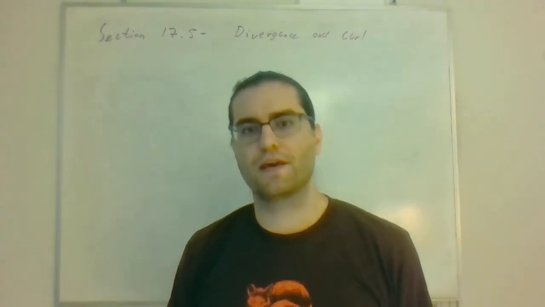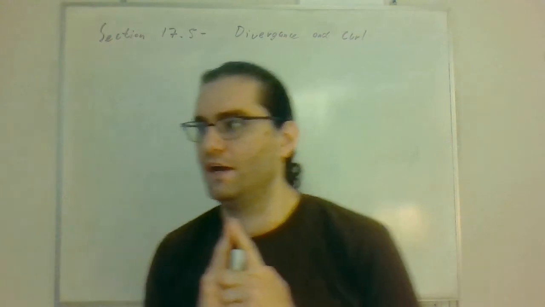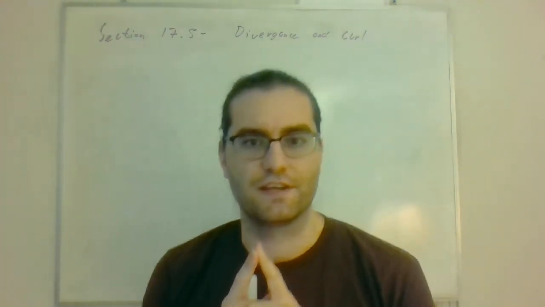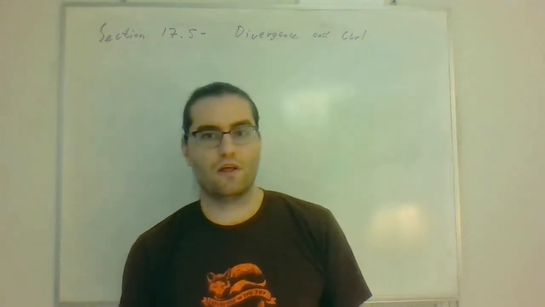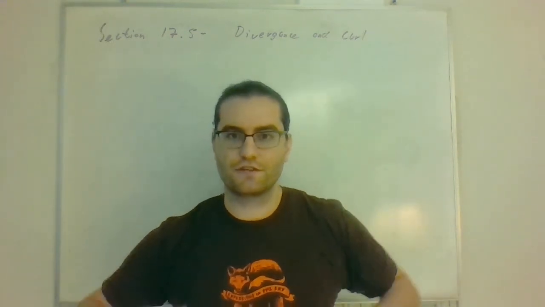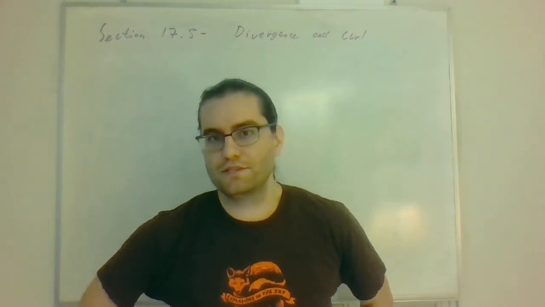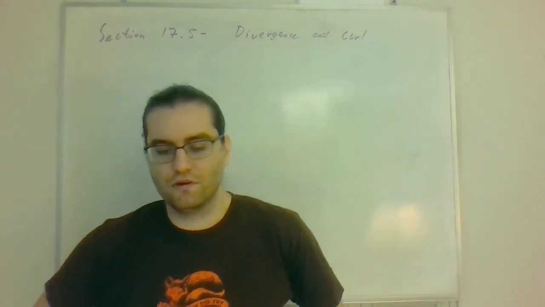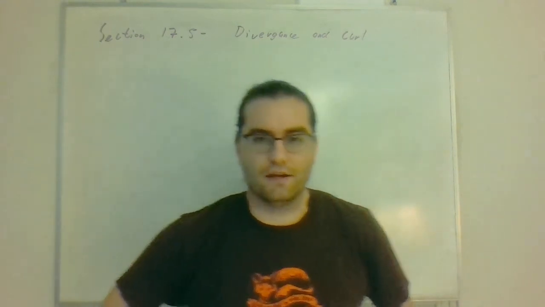I might be wrong about that. I'm not an electrician or an electrical engineer. I'm just kind of faking it. I just do the math. But please ask your expert electricians and electrical inclined people what curl means, and hopefully they will give you a much more thorough and compelling explanation than I can.